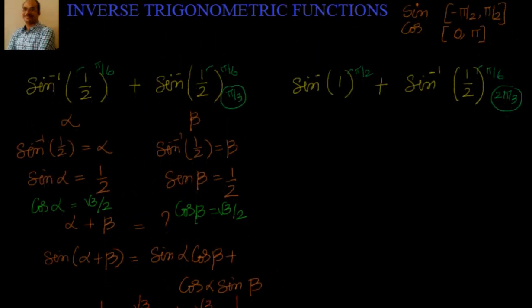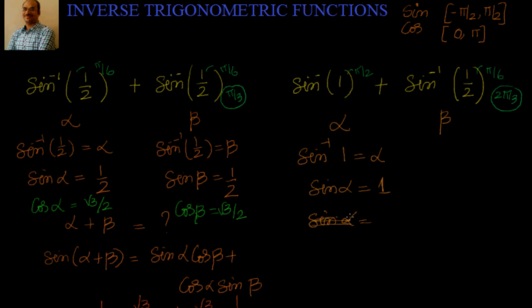Now let's look at the second example and try to solve this. I will take this also as alpha and beta like earlier. So sine inverse 1 equals alpha. So sine alpha equals 1.